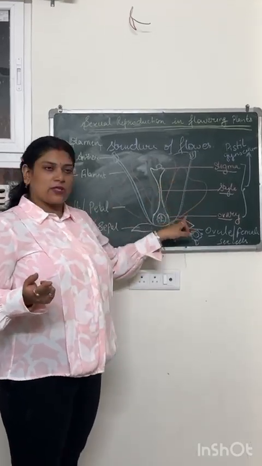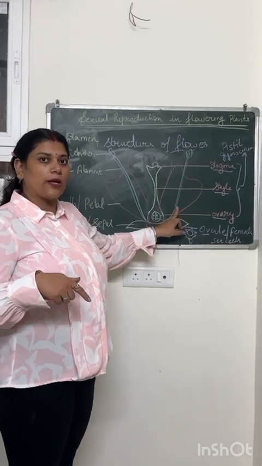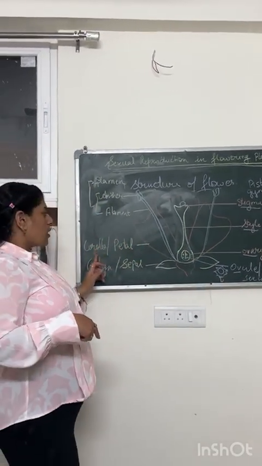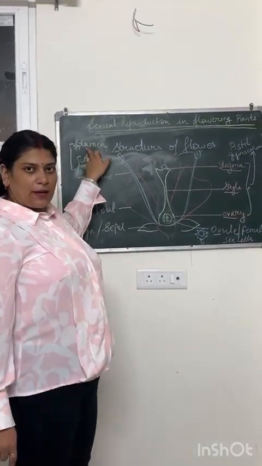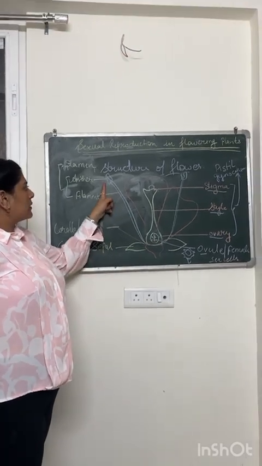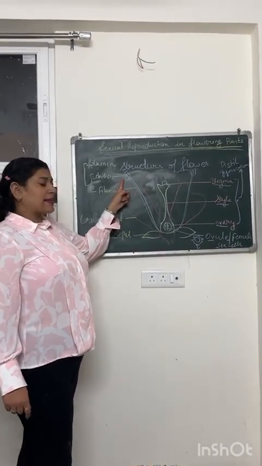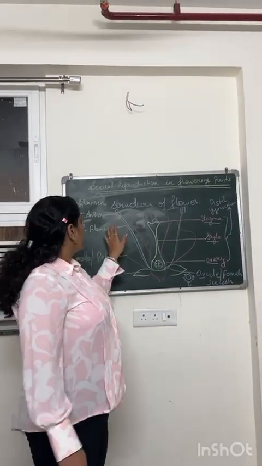Then petals, which is the colored part of a flower to attract pollinators, pollinating agents, and the complete whorl of petals is known as corolla. Next, the male reproductive part, which is called stamen. Stamen has two main parts, anther and a filament. Anther is attached through filament, and it is having pollen grains. As I told you, pollen grains are male sex cells, right?